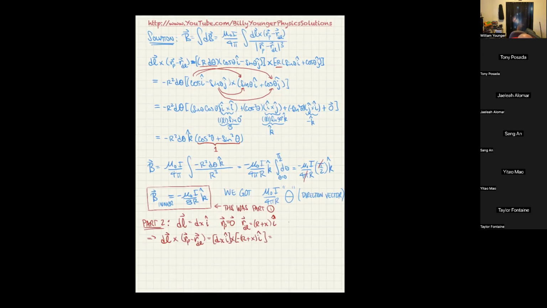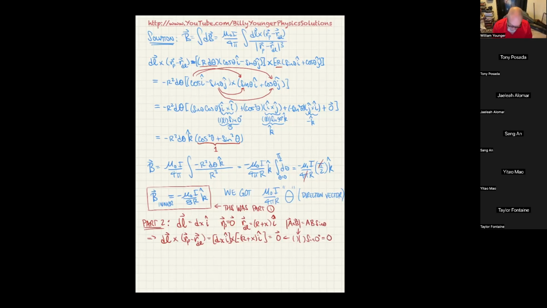In other words, I'll just say it's 0, but I'll remind everybody that A cross B magnitude is just equal to A times B times the sine of the angle between them. So in this case, this would mean some magnitude times some other magnitude, doesn't really matter, times the sine of 0 degrees, which equals 0. Okay, so that's why we got that. So part 2 makes no contribution.